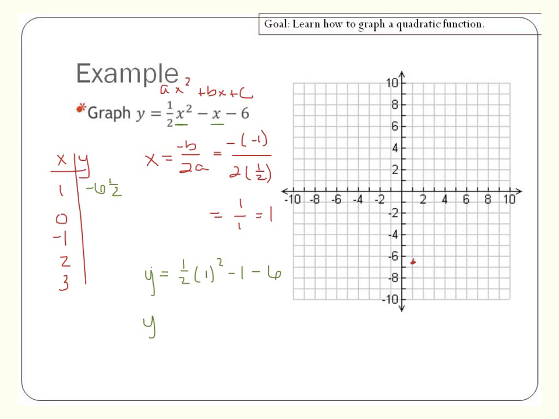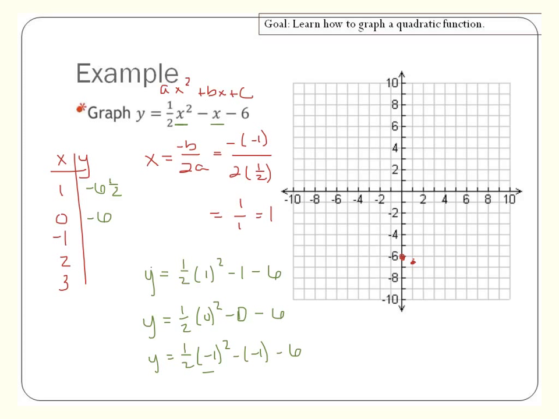You don't necessarily have to write them out, but what you're doing is plugging them into your equation. Minus 0, minus 6. That's going to be negative 6. So at 0 we're at negative 6. And then at negative 1, negative 1 squared minus a negative 1.